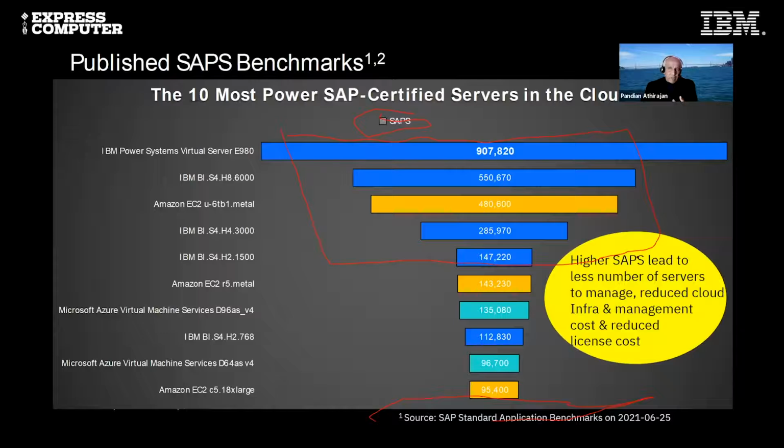When I talk about software licenses, it's not only your SAP, but also licenses for monitoring, licenses for logging, licenses for your backup and storage, licenses for HA, all those licenses that depend on the number of the VSIs or number of cores you are going to use. All those things are going to be less. The overall cost of managing the infrastructure is going to be much less when you have higher number of SAPS. So this translates to reduced cloud management cost for you when you run your SAP workload on cloud.